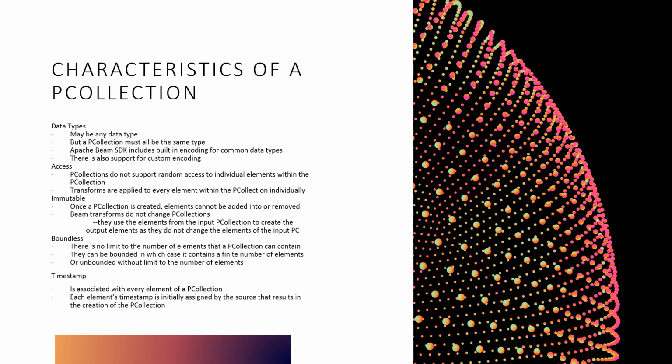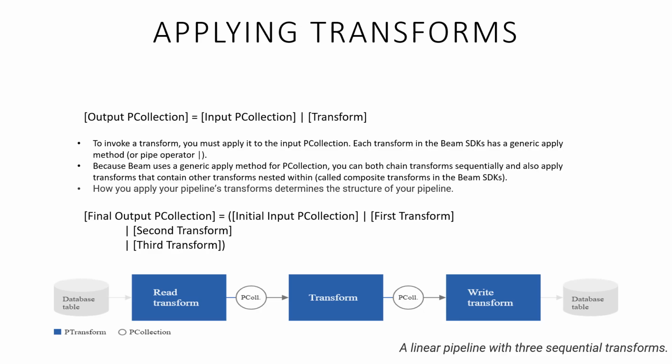They use the elements from the input PCollection to create the output elements. They do not change the elements of the input PCollections. So that actually is pretty important, that even though you're changing, you're actually changing a copy of it and not the thing itself. To invoke a transform, you must apply it to the input PCollection.